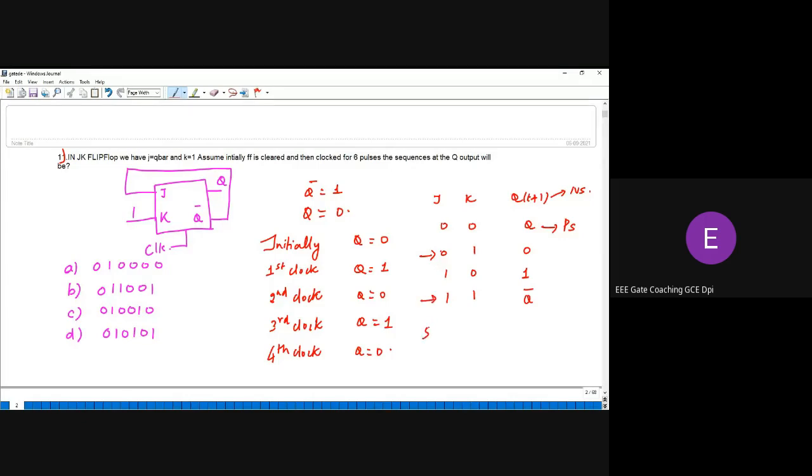During the fifth clock pulse, J and K are 1, so Q is equal to 1. So what's my answer? 0 1 0 1 0 1. So the answer is D. Okay.